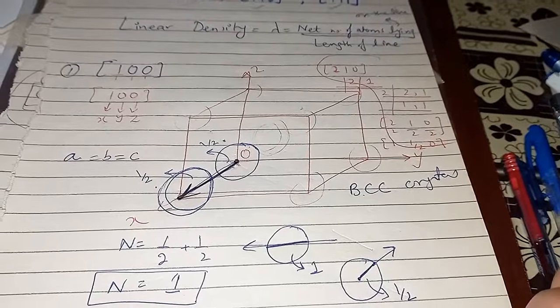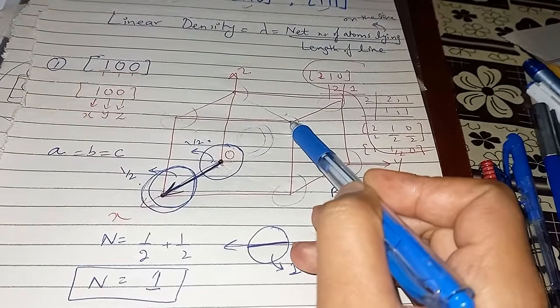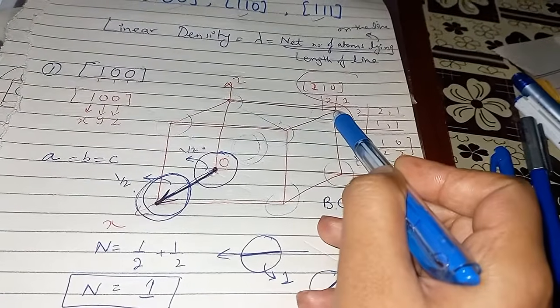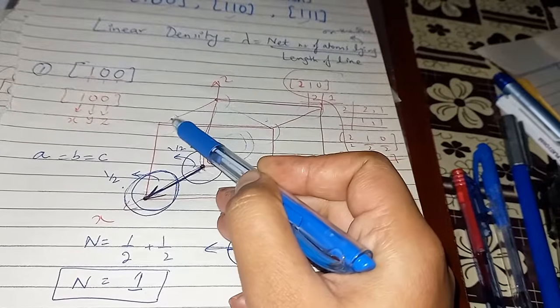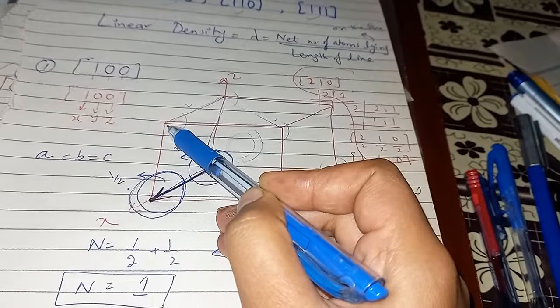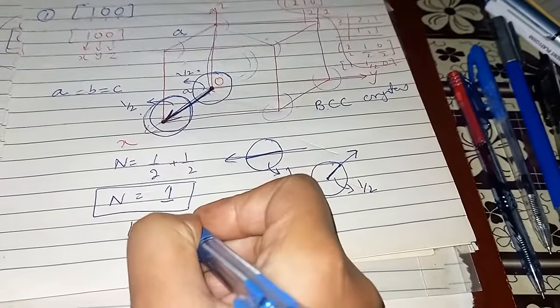For all other directions it will not be. Like this direction is not parallel to the x, y, or z axis, it is a different direction. But this direction is parallel to the y axis, that is why it is a. This direction is parallel to the z axis, that is why it is a. This direction is parallel to the x axis, that is why it is a. So from one edge to another edge parallel to the axis lines, the length will be a. So the length of the line is a.